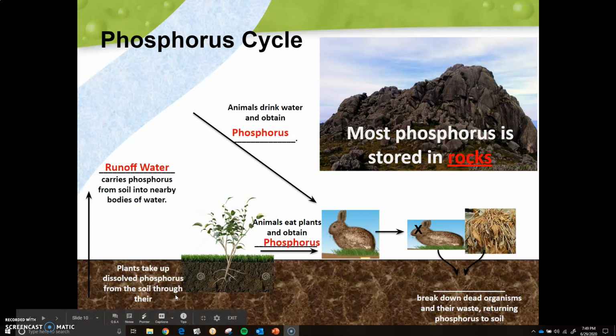Animals drink water and get phosphorus. Animals eat plants and get phosphorus, so that's the only way that they can obtain phosphorus. And then decomposers are going to break down those dead organisms and their waste, returning that phosphorus to the soil. So that's our cyclical pattern that we have going on here.